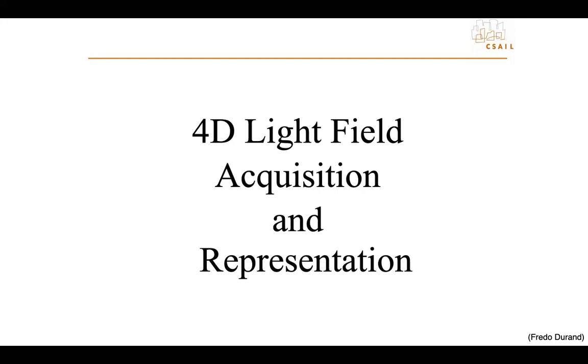And so the idea is twofold. First, we want to capture the 4D light field. And then we want to have a representation. How do we represent a light field? A mathematical representation that we can manipulate, right?